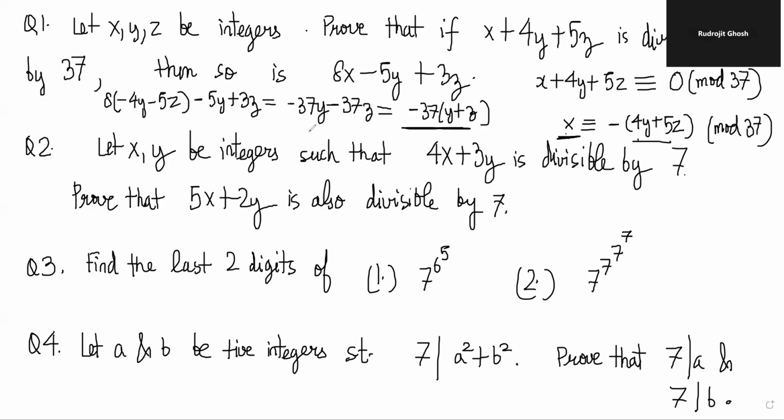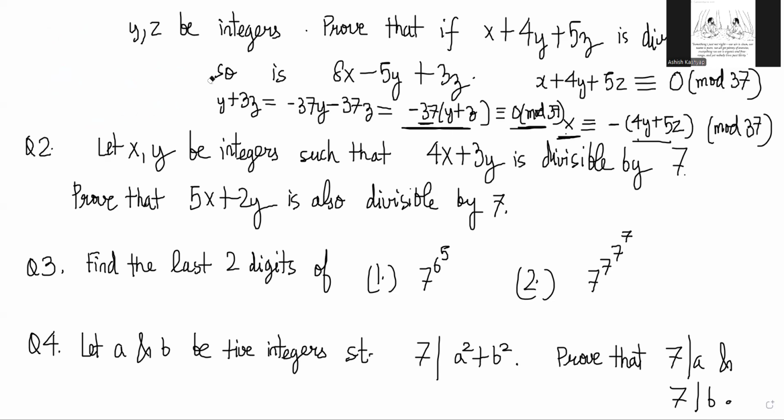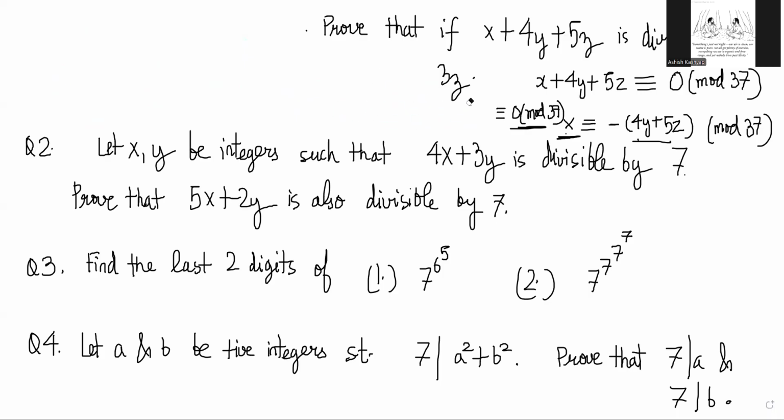That is clearly divisible by 37, so that is 0 mod 37. So the whole thing is 0 mod 37, which means this is also divisible by 37. Is it clear? Second one, you can do in a similar way.